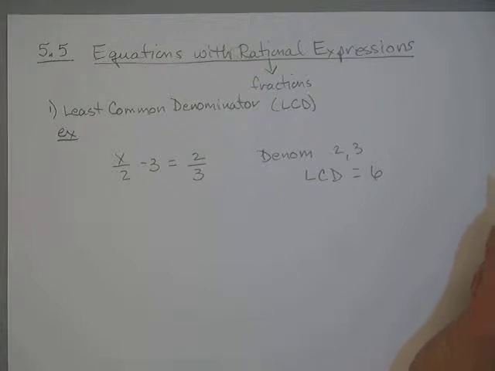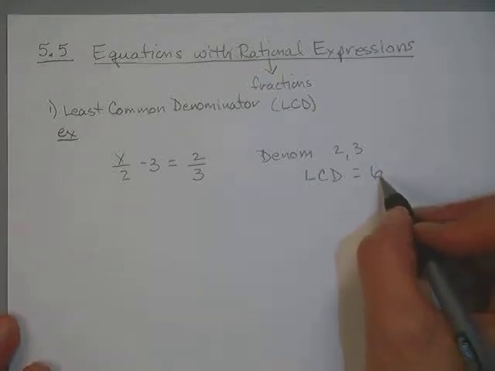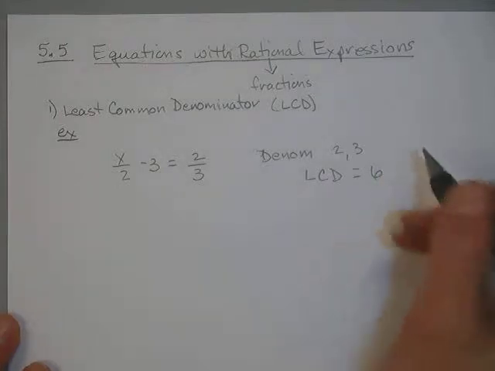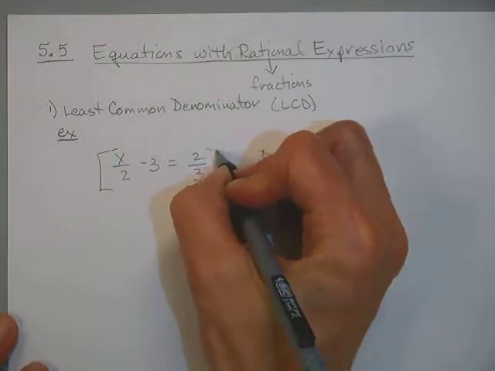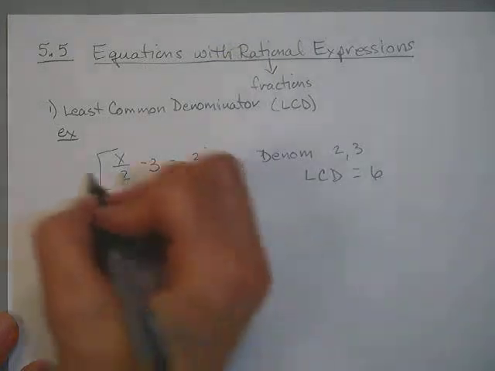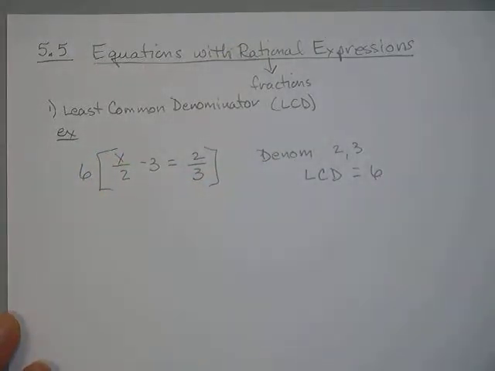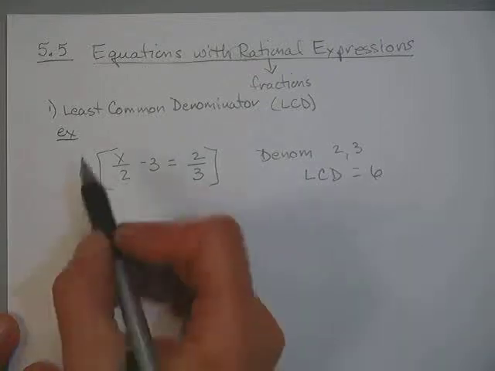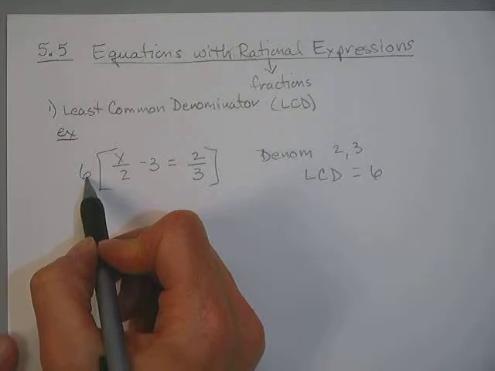There are two different ways that you can do this. The way the textbook shows you is, when you find your least common denominator, you multiply the entire thing, both sides, by that least common denominator. Does that apply to the -3 inside too? Yes, it applies to every single thing. So you're going to say 6.